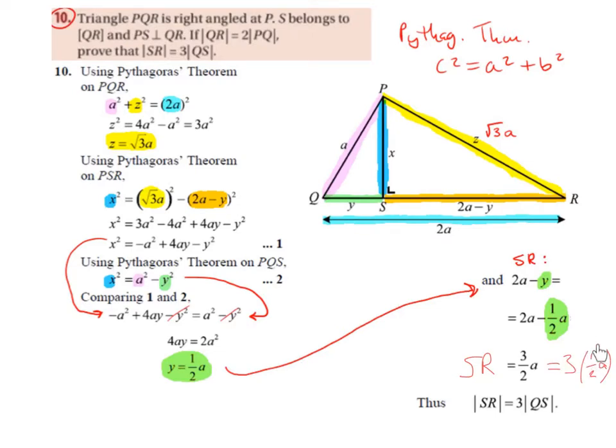And remember, a half a is equal to y. So this is really 3 times y. And y is equal to QS, or SQ. So instead of 3 times y, we get 3 times QS. So SR is equal to 3 times QS. And that is what we were asked to prove.